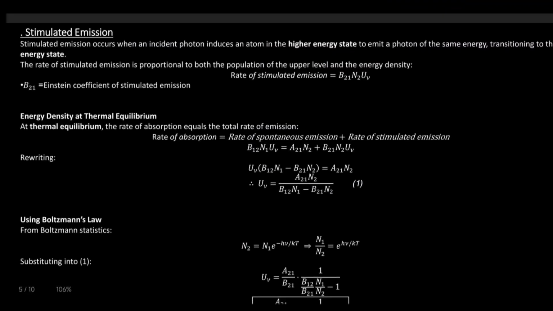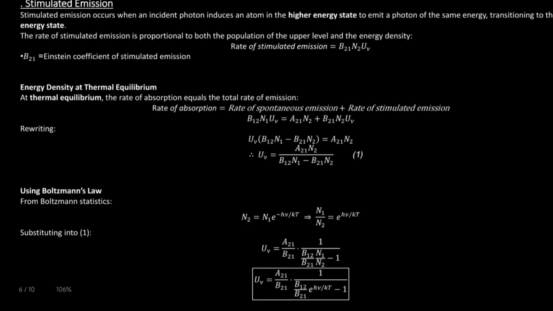Then next we have stimulated emission. What is stimulated emission? I said to you. In stimulated emission, the atom is in the higher state and it is falling down, but it is getting triggered by a photon. When it is triggered by a photon, it releases another photon while falling down, of the same energy as this one. So here P1 equals P2.